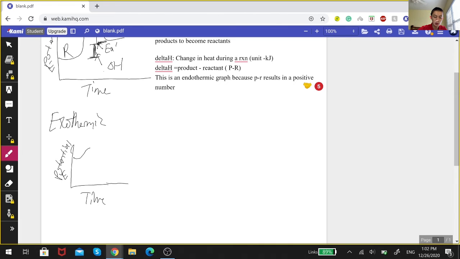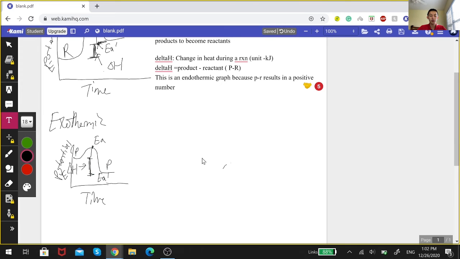And as time increases, the amount of potential energy decreases. So this is products, this is reactants, this is our EA, and from here to here, this is delta H, and this is EA prime again, just like last time.